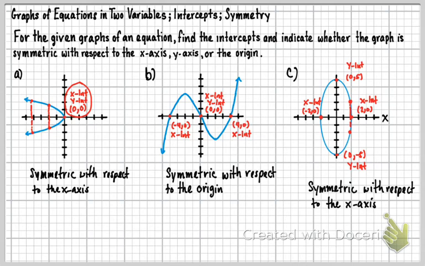So now I'm going to take this distance all the way to the y-axis, and then I'm going to create that same distance on the other side of the y-axis, and I'm going to put a point there, and that point is also on the graph. And I can do that with every point here. If I pick this point, I would end up over here. If I pick this point, I would end up over here. In a very similar way I did with the x. So this is also symmetric with respect to the y-axis.